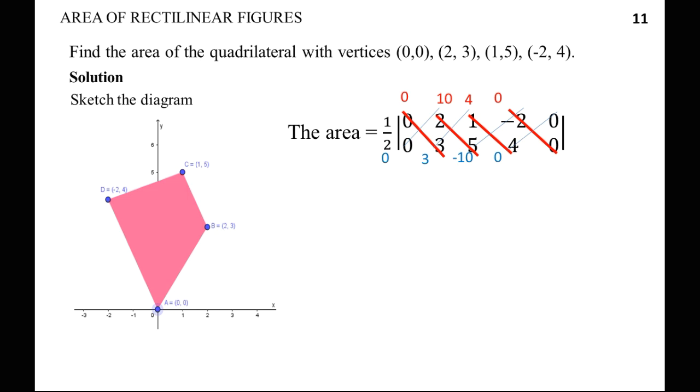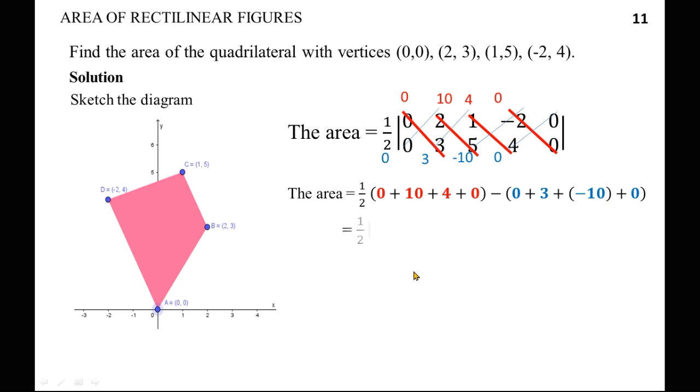After that, we subtract the total of the red numbers by the total of the blue numbers. So the area equals 1 over 2 times the total of the numbers in red minus the total of the numbers in blue.